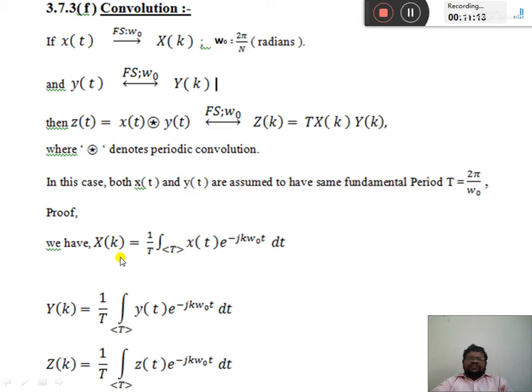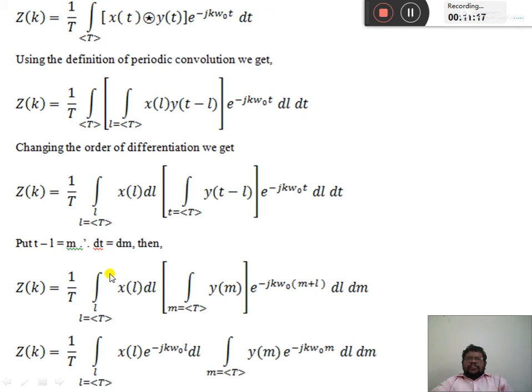X of k, y of k and z of k are written in terms of the analysis equation. So z of t is x of t convolved with y of t, and the convolution of x of t with y of t is given by the integration of x of L y of t minus L. This is the integration form of the convolution.